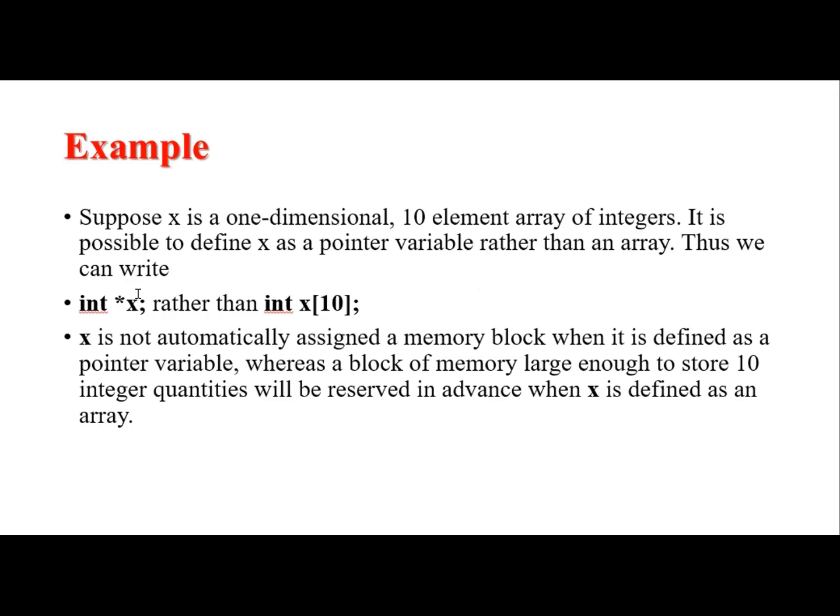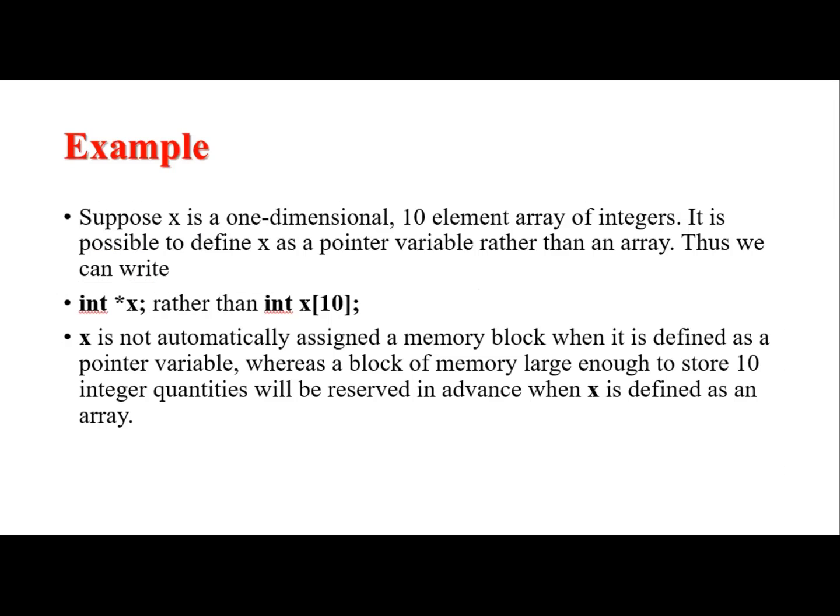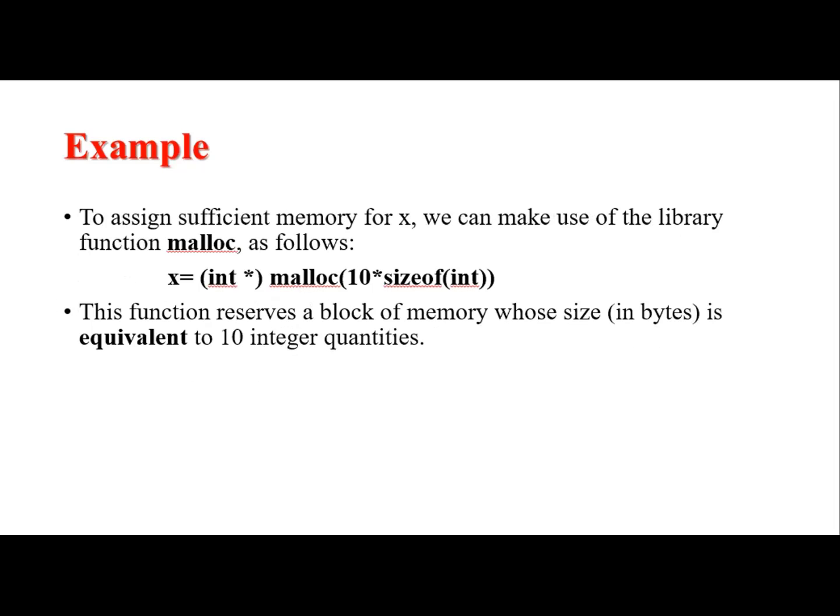But when we define it like this, we have not defined the size of the array. We have just defined the variable as a pointer variable. So this is the syntax for how we can allocate the memory dynamically.